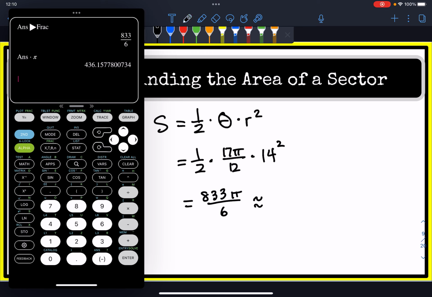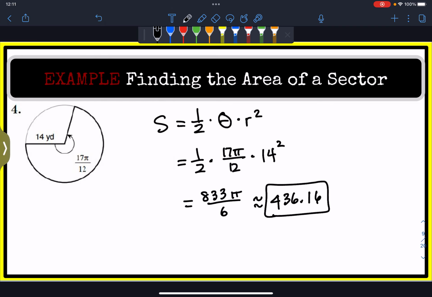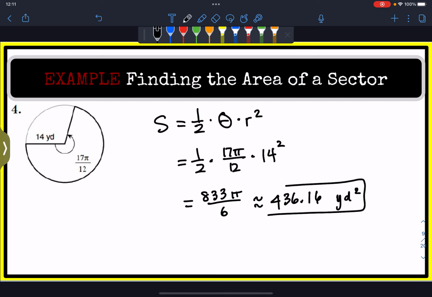Approximately 436.16. And there's your answer. Again, square units. With the units here, yards, so square yards. There's your answer. Okay, this is your exact answer, and this is your approximated answer.